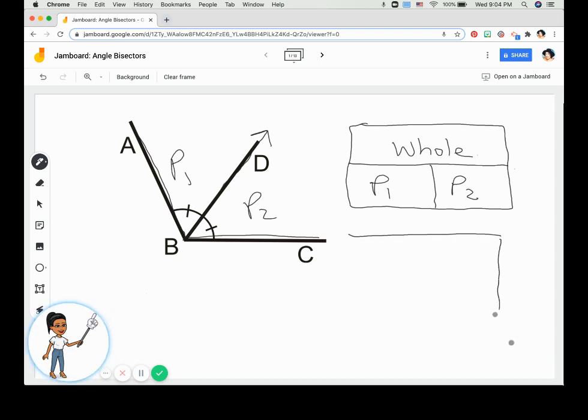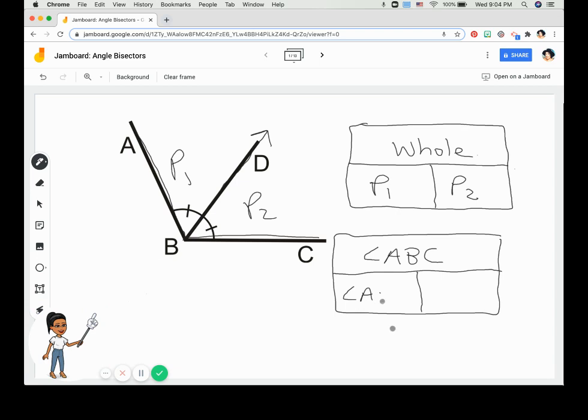So if I were to make a part-whole model, I would say that angle ABC is the whole thing, and it's broken up into two equal parts, angle ABD and angle DBC. So this is the relationship that occurs with angle bisectors.